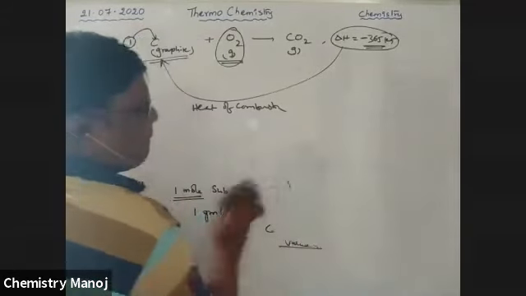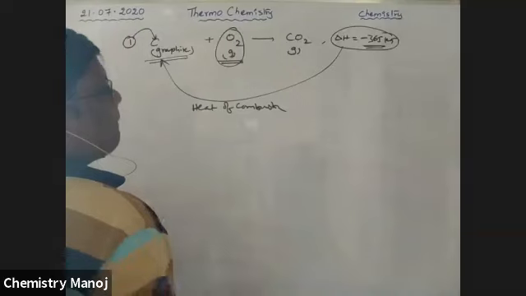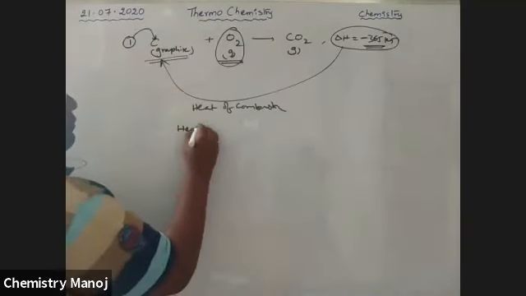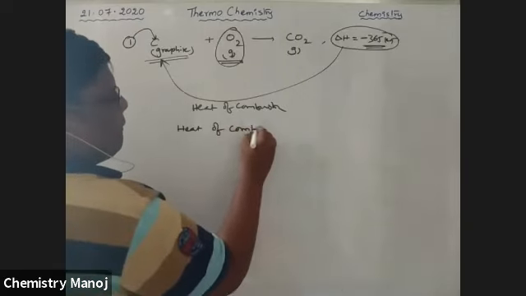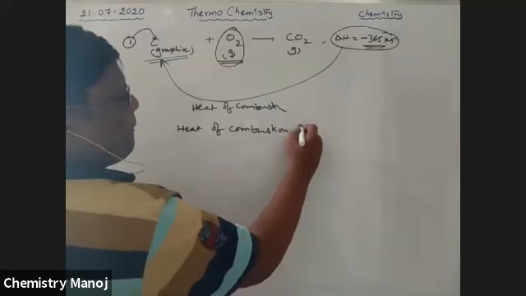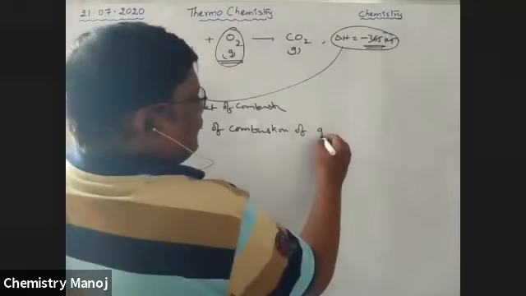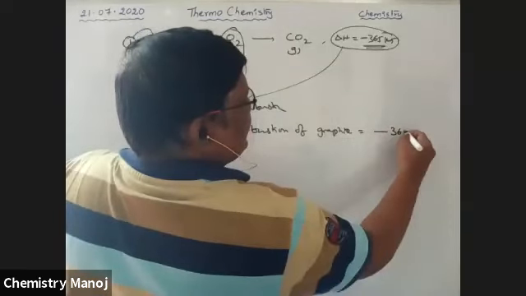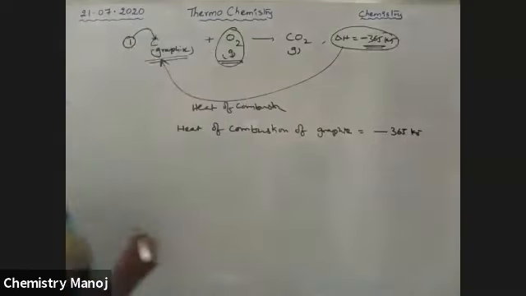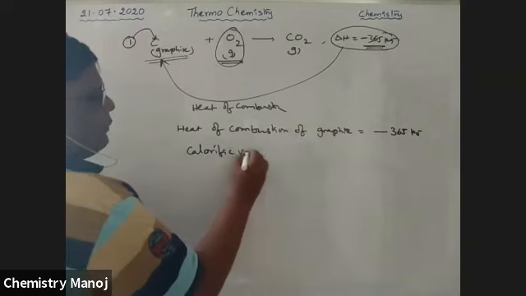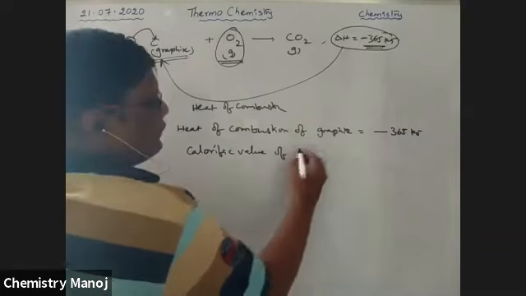Let us take, from this equation, the heat of combustion of graphite is equal to minus 365 kilojoules.